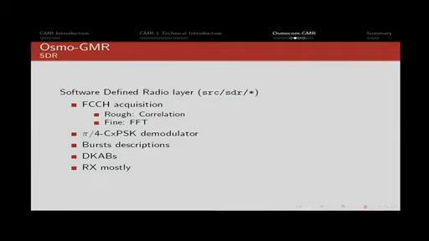The actual software-defined radio part of Osmo-GMR is located under src/sdr, and it has several jobs. The first of which is FCCH acquisition. This very specific waveform, the process I explained with the correlation and the FFT, is implemented in there so that given a random capture, we can find first, is there a carrier at all there?